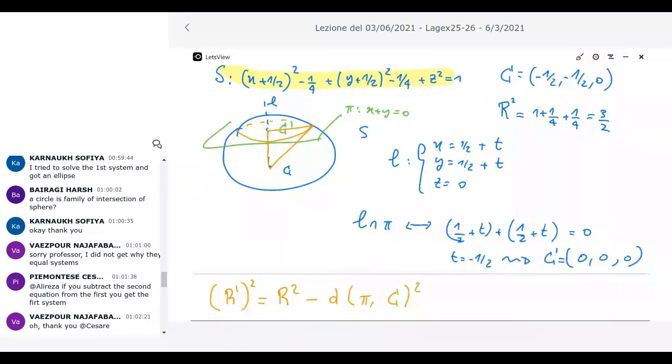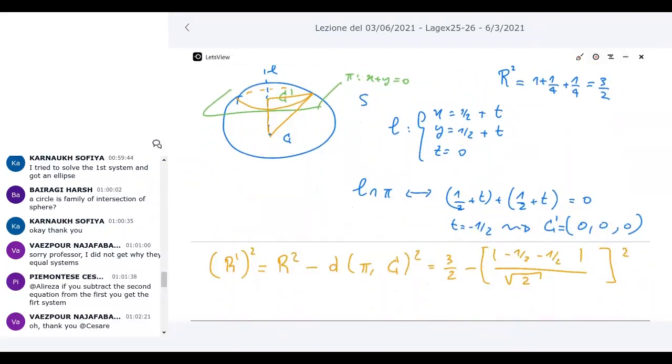So what we get here is 3 over 2 minus, and then you need the distance between pi and the center of the sphere. So I have to divide by square root of 2, and then I will square everything, and then I have to substitute the coordinates of the center in the equation of the plane. So I get minus 1 over 2, minus 1 over 2. So you make this computation, and you get exactly the result we were looking for, okay?